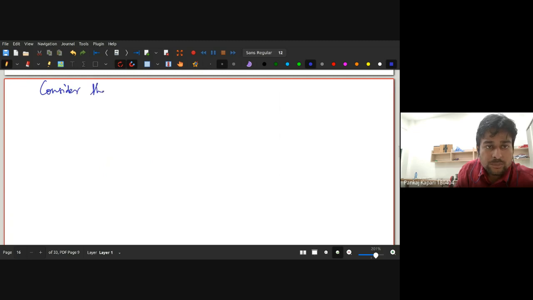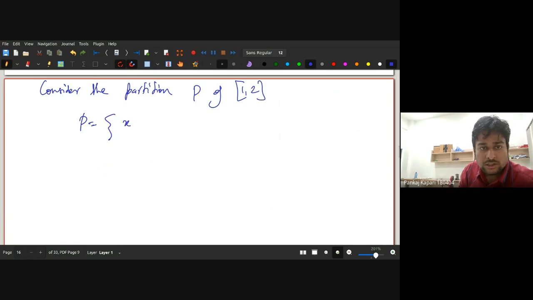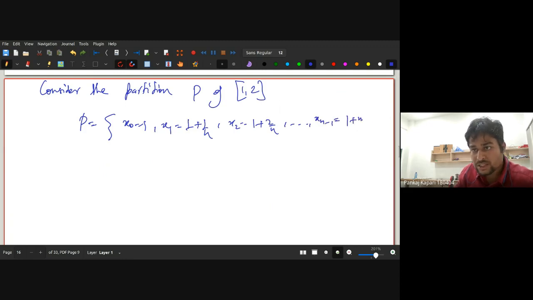So consider the partition P of the interval 1 comma 2. What is our partition? x_0 equal to 1, then x_1 equal to 1 plus 1 by n, x_2 equal to 1 plus 2 by n, x_{n-1} equal to 1 plus n minus 1 by n, and then the last point is just 2, right?